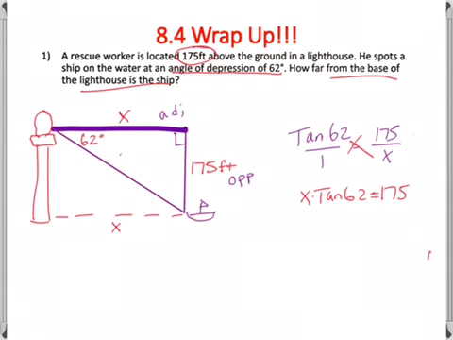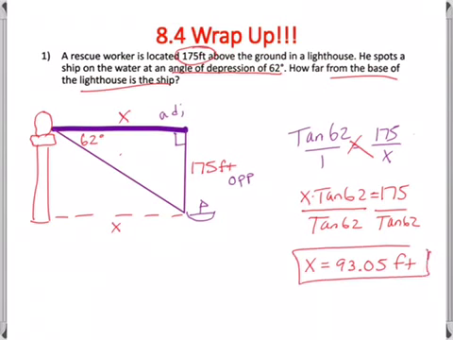Then to remove the tangent of 62, we'll divide both sides by it. Taking 175 divided by the tangent of 62 gives us a distance of right around 93.05 feet. So this means that the boat is about 93 feet from the base of the lighthouse.